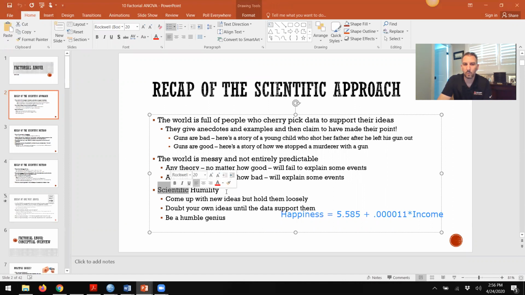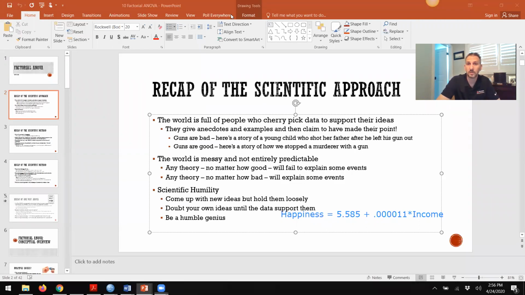And I point out that in science, and I've talked about this throughout the class, it's a very odd stance that science takes. It says we have ideas, but then we actually assume that they're wrong.